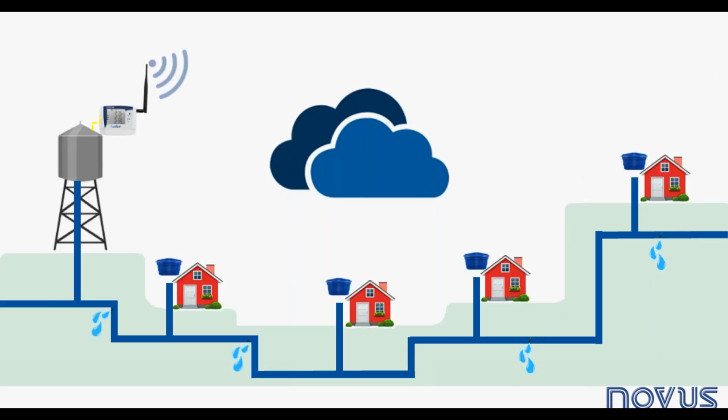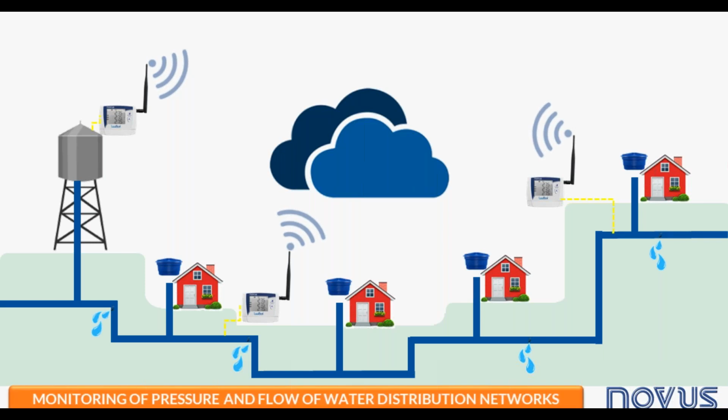Regarding applications, we can remember the use cases discussed in the beginning of this webinar. One of them was related to remote telemetry. A good example is the monitoring of pressure and flow of water distribution networks.